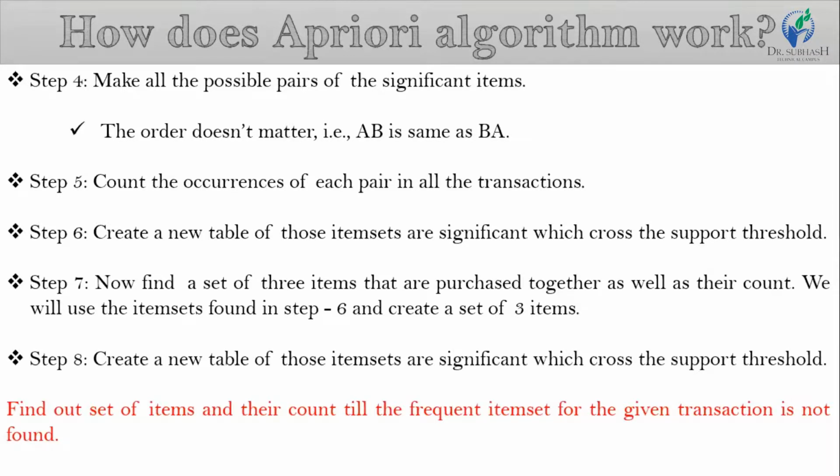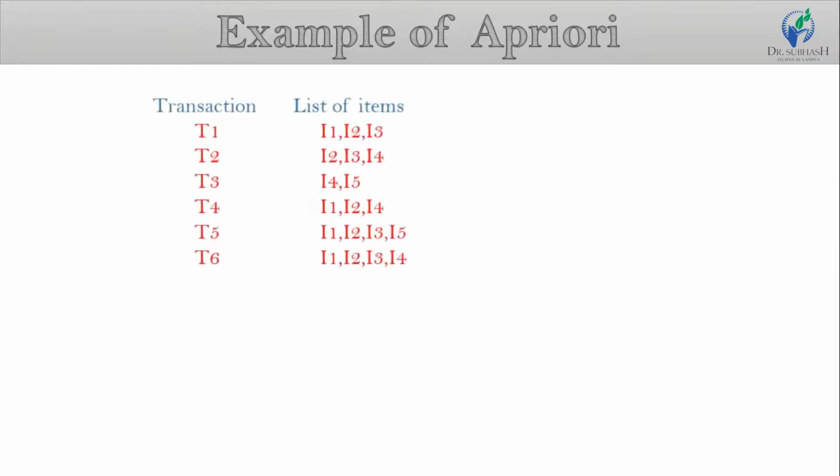Now I explain the Apriori algorithm with an example. In this example, the total transactions and the transaction details are given. Transaction T1 includes items I1, I2, I3. Transaction T2 includes items I2, I3, I4.